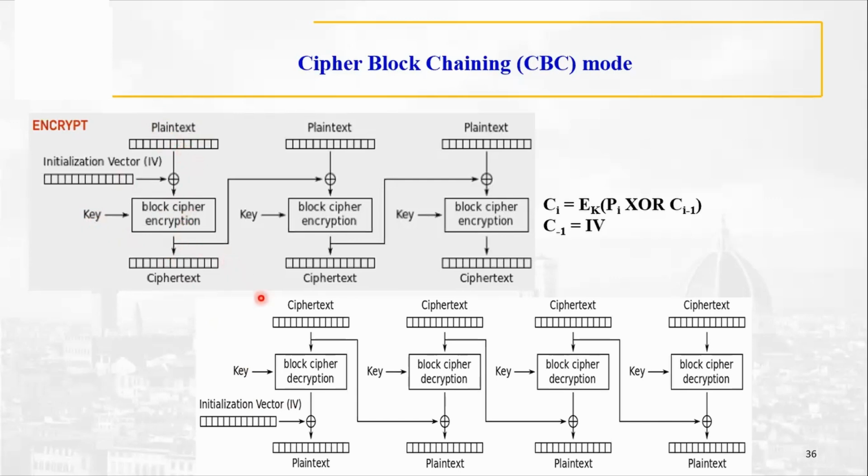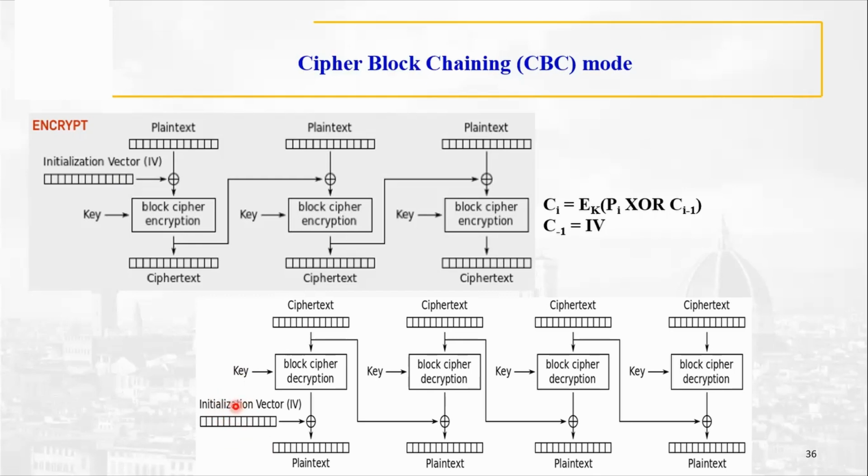When you are sending the secure text, you will also have to send a key along with it, or maybe in a separate communication, because otherwise the receiver will not be able to decrypt it without the key which you have used for the encryption. So this key has to be transferred in some way to the receiver. Now the same thing is happening with the initialization vector.